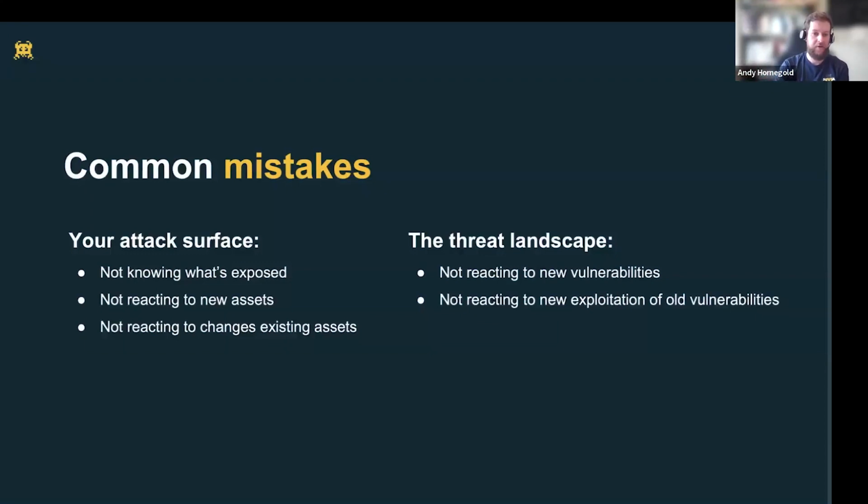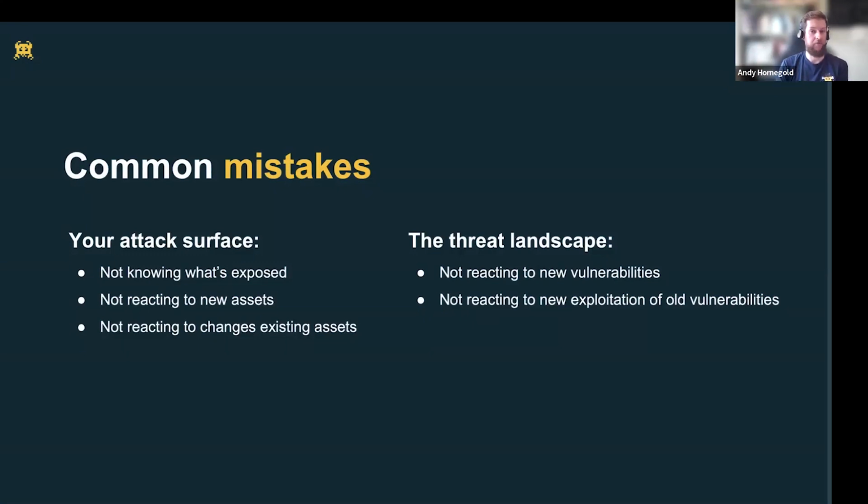So understanding what your attack surface looks like, what's exposed to the internet, what can attackers find using publicly available data sources. And that's not a point in time assessment. You can't just take one snapshot and then be done with it. Your attack surface does evolve.